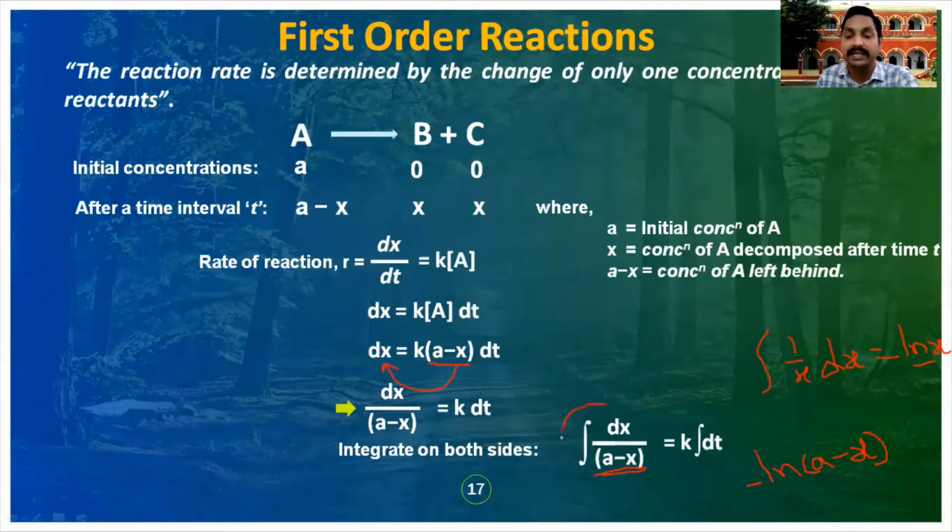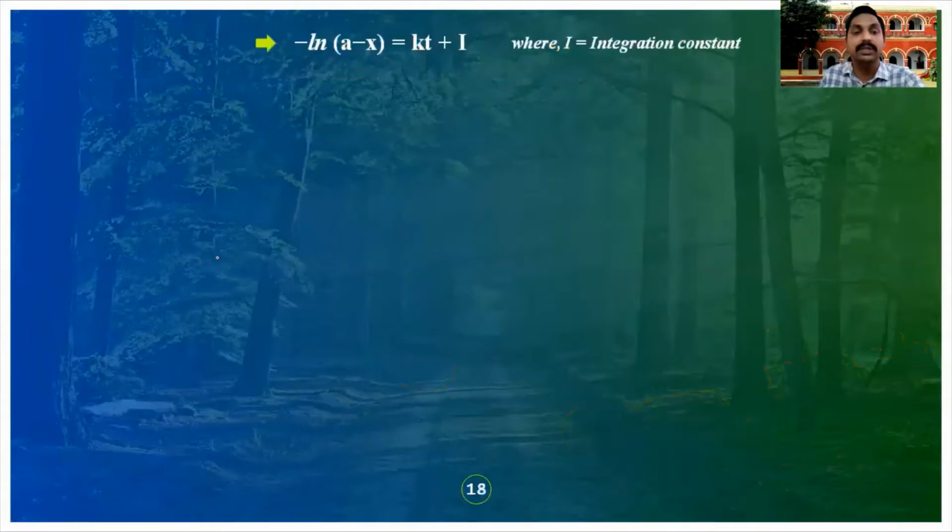So what will its integration be? Minus ln a minus x. ln means log base e, and the integration of dt is t. So here we get kt, and we will also get an integration constant. So thus we have got minus ln a minus x, which is equal to kt plus I.